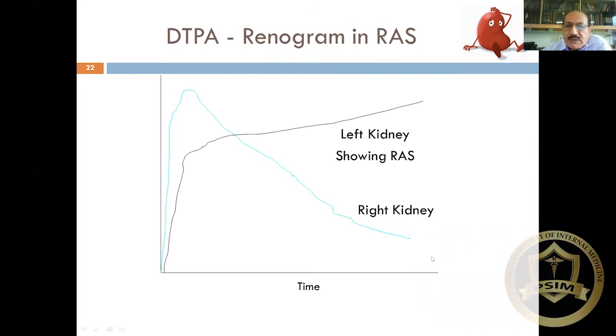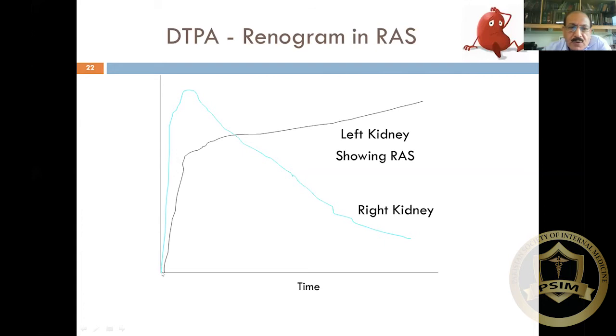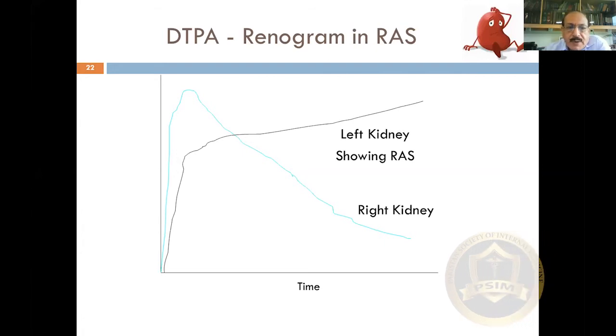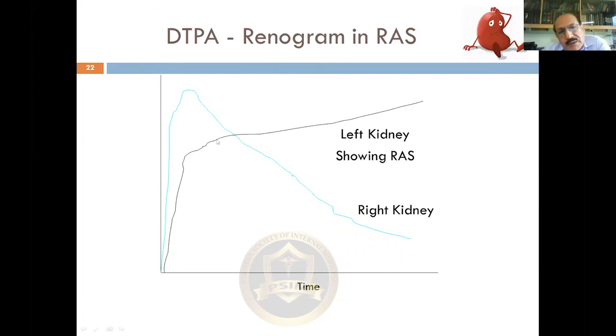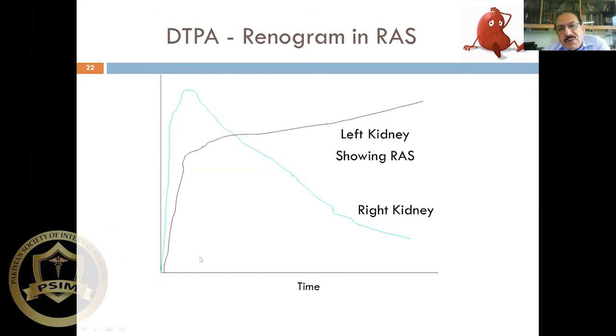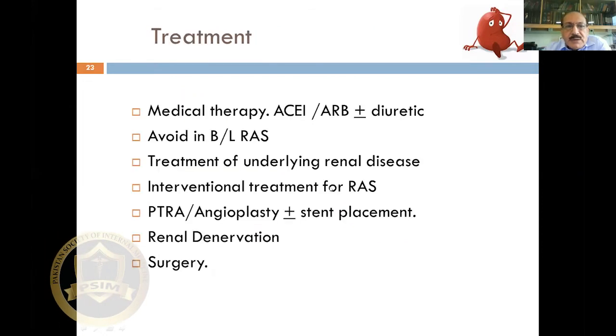But on the side which has stenosis, or if you have done a baseline study and then given captopril, this uptake is reduced on the stenosed side as compared to this one. The slope is a bit flat. That means the secretion is also slow, and then the excretion is also slow. So all three components are shifted to the right and delayed if there is a renal artery stenosis.